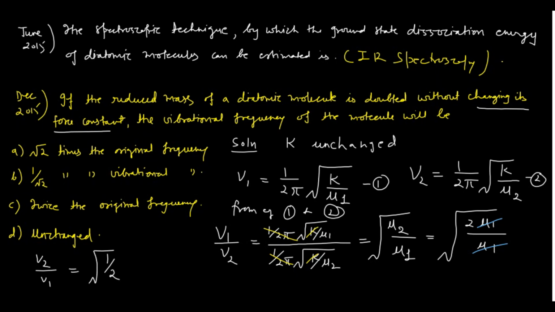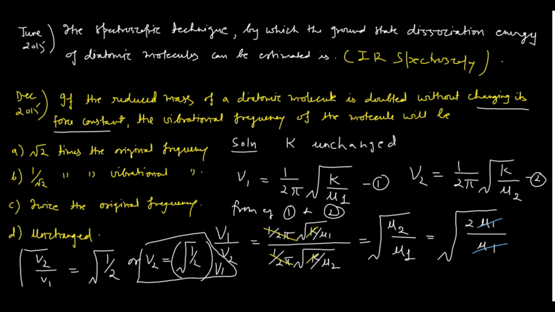So I'm taking the reciprocal of this, so if I invert this, then automatically they will also invert. So it is under root 1 by 2. So from here you can conclude nu2 is 1 by root 2 of nu1. So this is basically your answer.